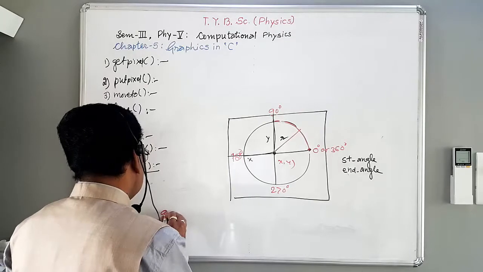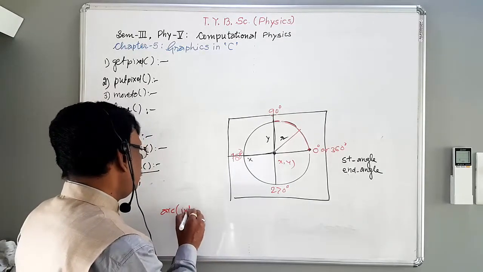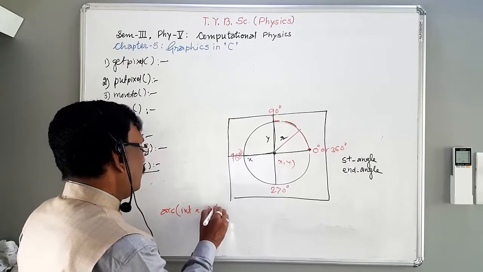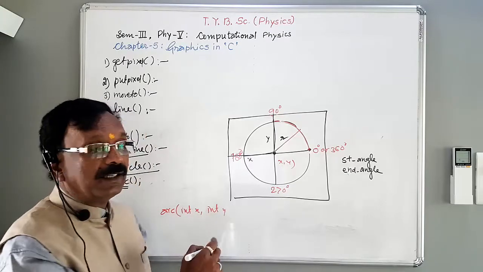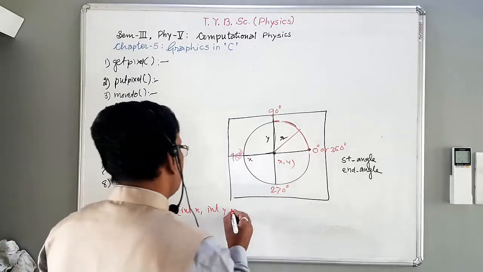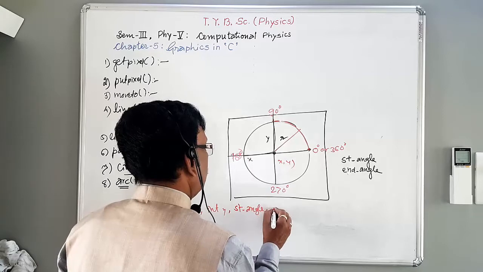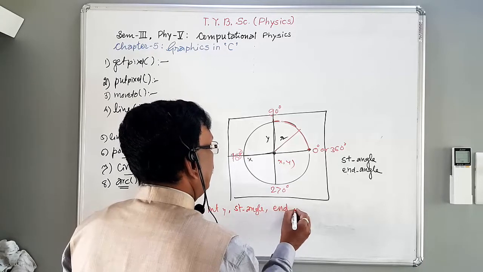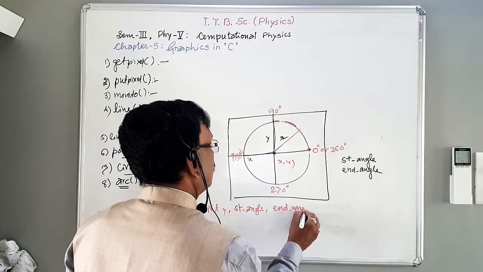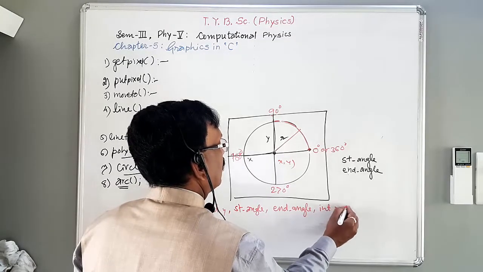Arc is the keyword, then integer x, integer y, the x and y coordinates representing the center of the arc, then the starting angle, then the ending angle, end_angle, and integer radius.